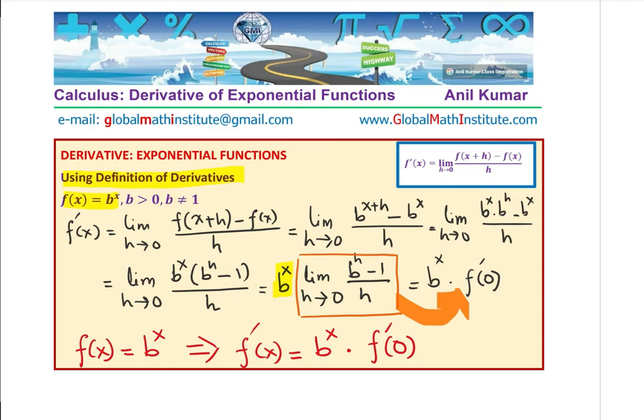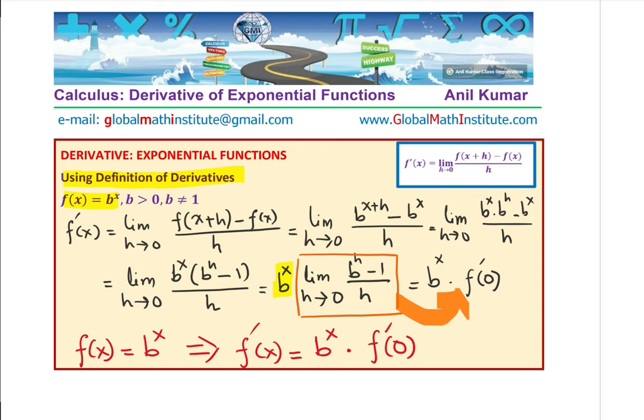So from this definition, we get a very important result, and that is to say, the derivative at any point on b to the power of x is the value of the function at that point times a constant, and this constant is the slope at the y-intercept, where x is 0. You get the idea.